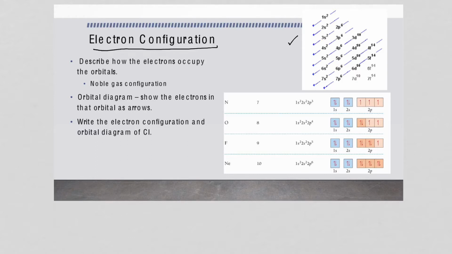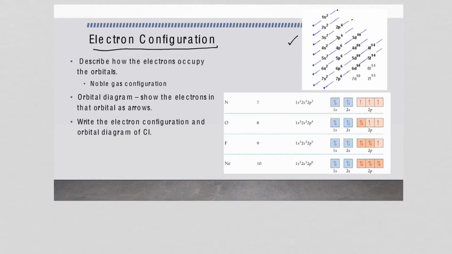And then in terms of filling, we simply draw lines starting at the upper right and going down and to the left. So we would start up here and we would fill the 1s. And then we go back up to the next diagonal and we fill the 2s. And then we go back up and we fill the 2p and the 3s. And then we go back and we fill the 3p.